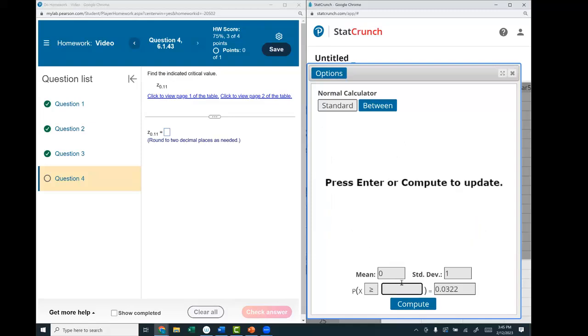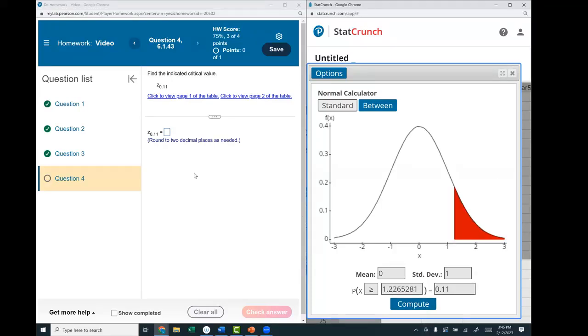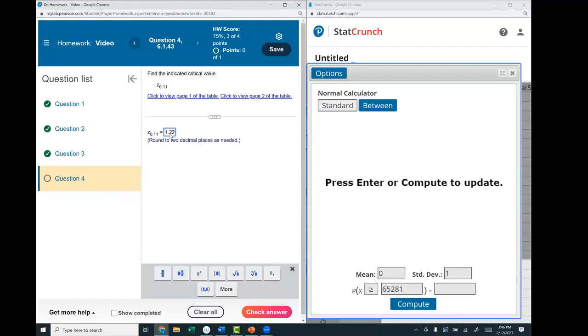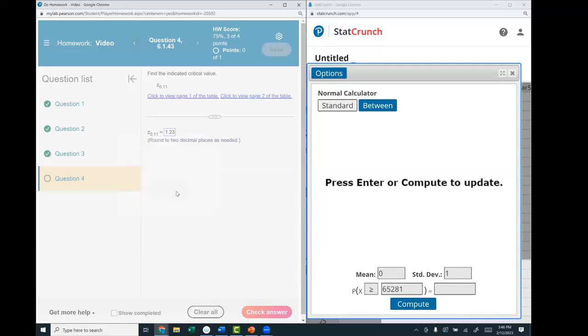So that's our probability, 0.11. I hit compute, and now I can find my critical value, which is my Z-score. And we're going to round that to 2 places, so it's going to be 1.23. And I hit check answer, and I'm done.